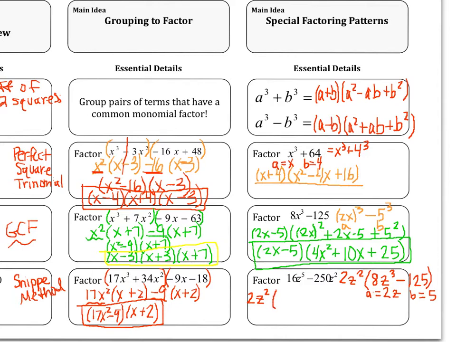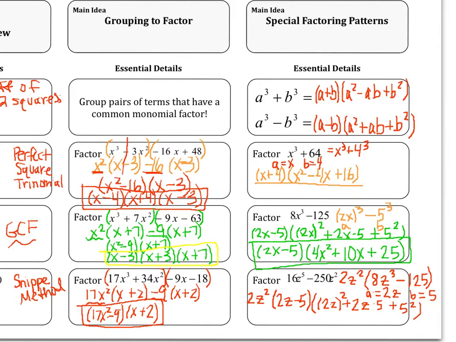So it's, first of all, a minus b, so it's 2z minus 5 times the quantity. I need a squared, so I have 2z, that quantity squared, plus a times b, so that's 2z times 5, plus b squared, so that's 5 squared.